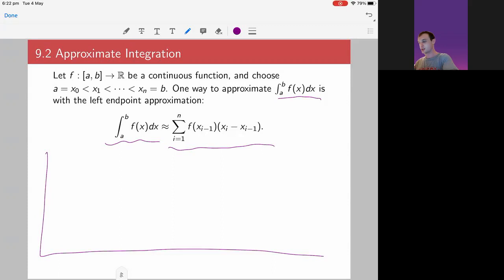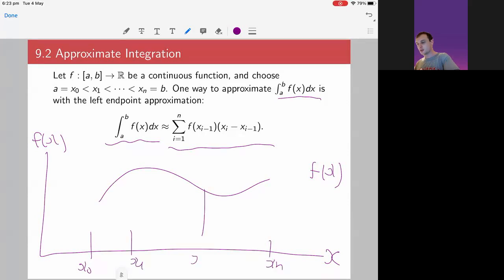So a picture of what's going on, if you've got your x and y axes here, and you've got your function f of x, then you would construct a partition and you would evaluate the function at the left endpoints of each interval. And you would define an approximate area to be the areas of the corresponding rectangles all added up.